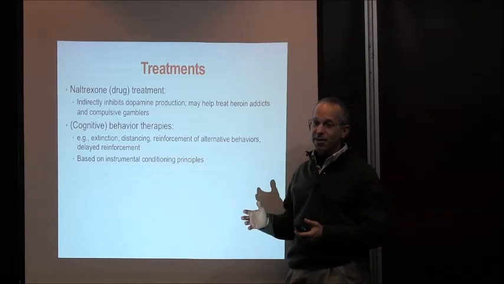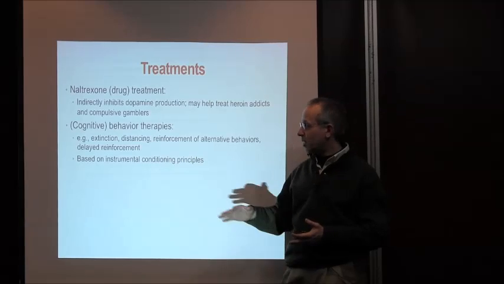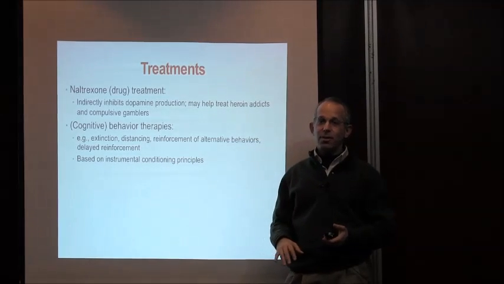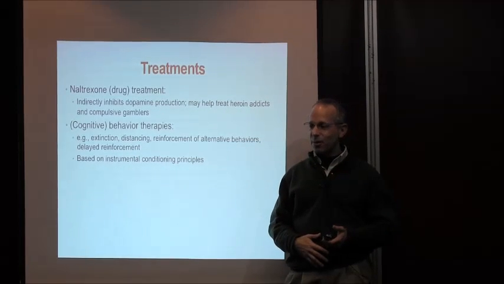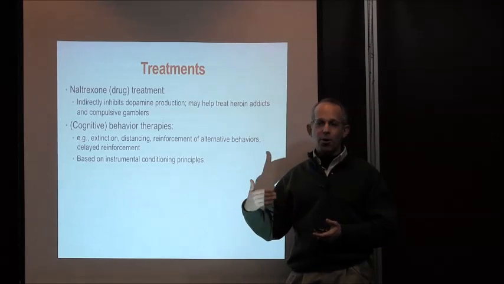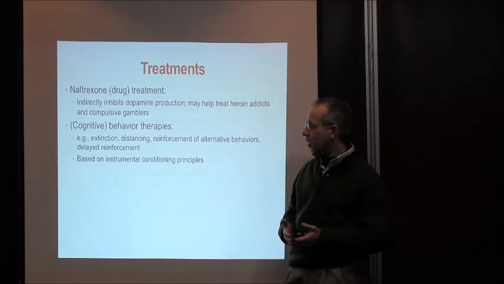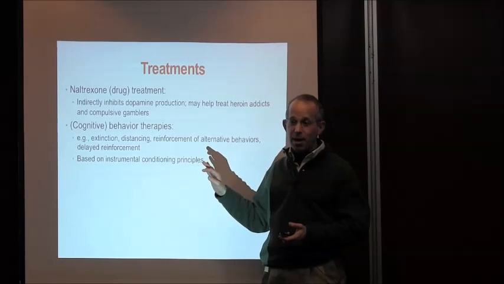So obviously one thing to do is don't have sex and don't go to bars. The other would be an extinction: go to a bar with someone who's making sure that you don't smoke, and keep going to a bar over and over again until you no longer associate it. Reinforcement of alternative behaviors.